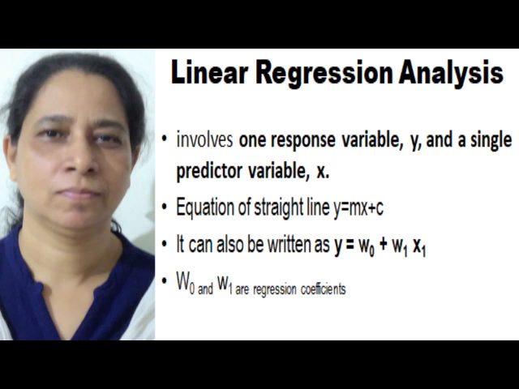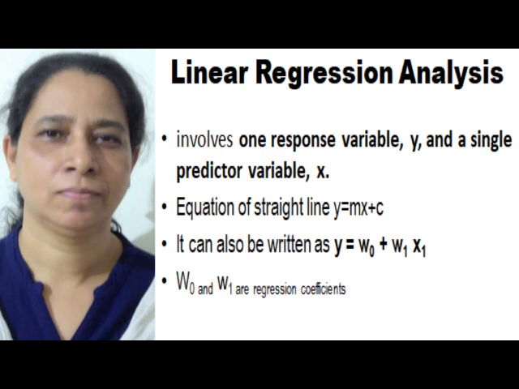We know that a straight line can be represented by the equation y = mx + c, where m is the slope and c is the y-intercept. m and c are constants.